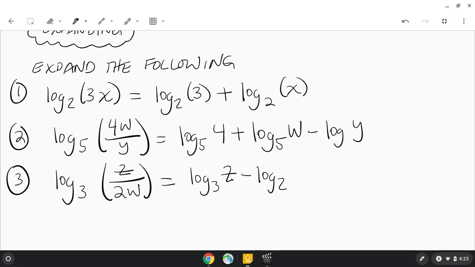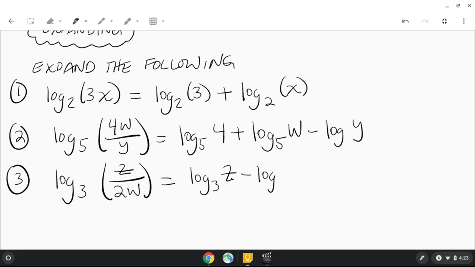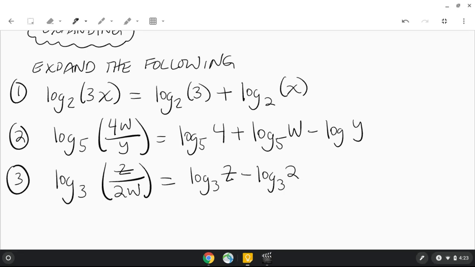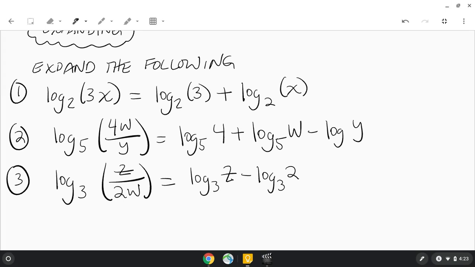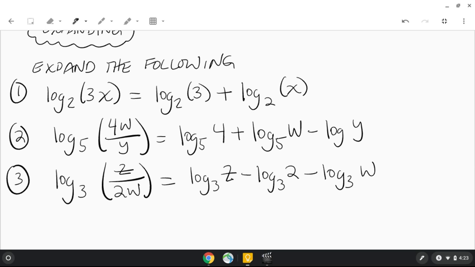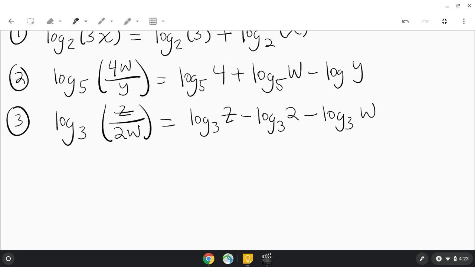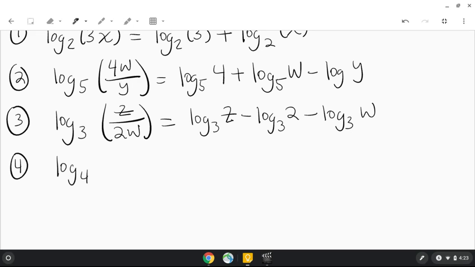Oops, that's not base 2, it's base 3. So the 2 will be negative, and the w is also in the denominator, so the w will also be negative, according to our laws. Hopefully that makes a little more sense as far as what's going to be addition and what's going to be subtraction.